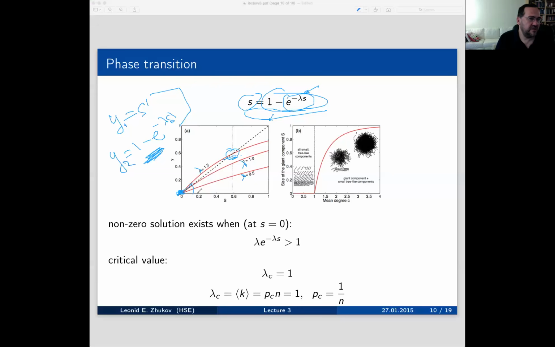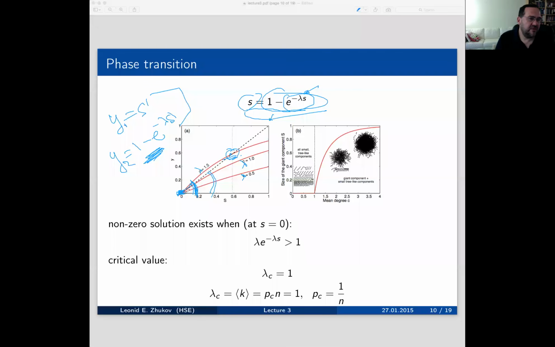So when this angle is greater than this angle, there will be an intersect. If it starts below, it will never intersect. So the condition for the existence of the solution is that the angle of the curve is greater than the angle of our line.